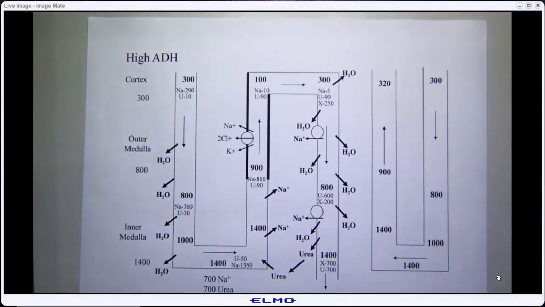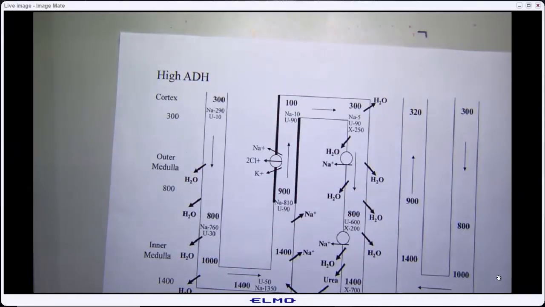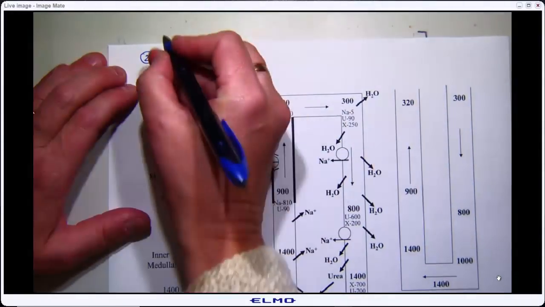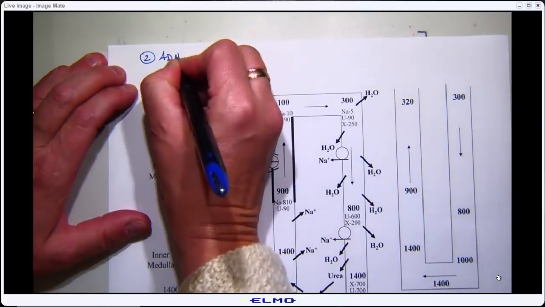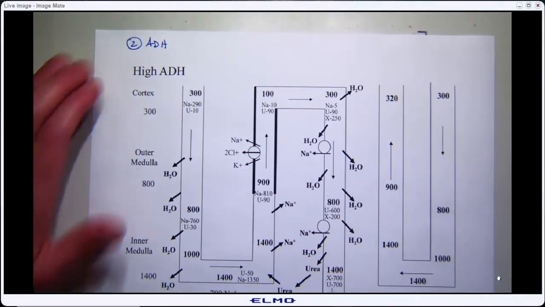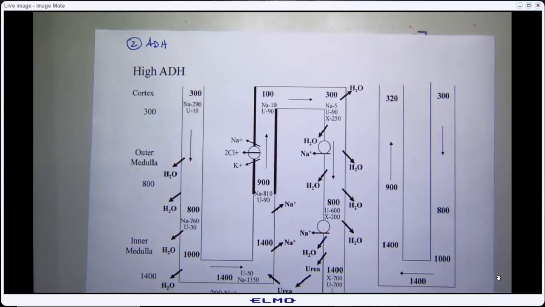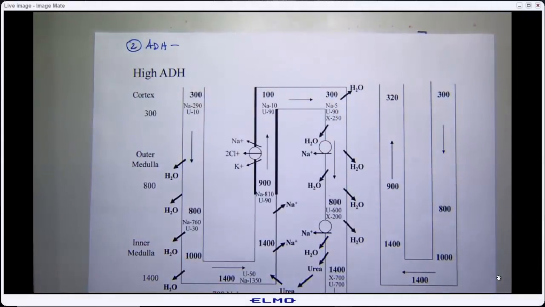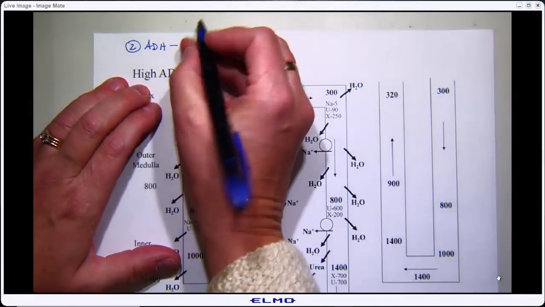There it is. Okay, so let's think about number 2, what happens with ADH? And how is that going to change fluid movement out of the loop of Henle, distal tubule, and the collecting duct? So just transporting the information that we already learned from a previous overhead.